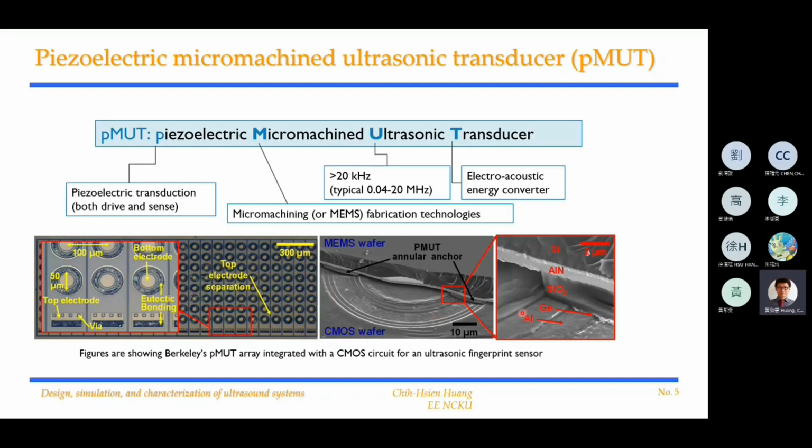But here they are trying to integrate the PMUT on a CMOS circuit, so usually they will use aluminum nitride as the piezoelectric material because it is compatible with CMOS technologies. But as previously said, the piezoelectric coefficient of aluminum nitride is not so good, so the output power is not as efficient as the PZT material we usually use.